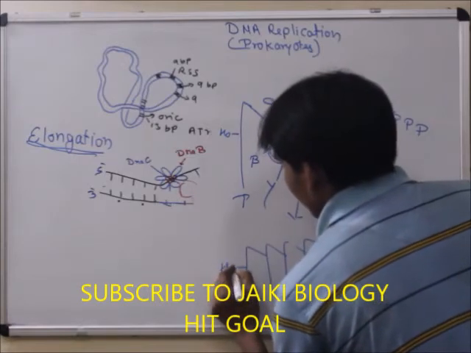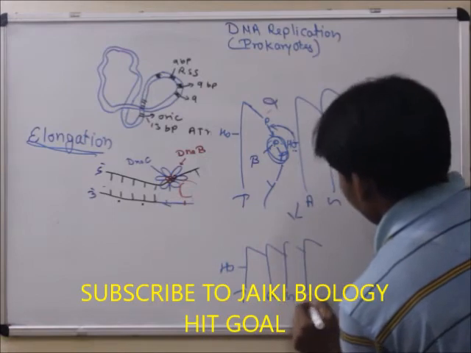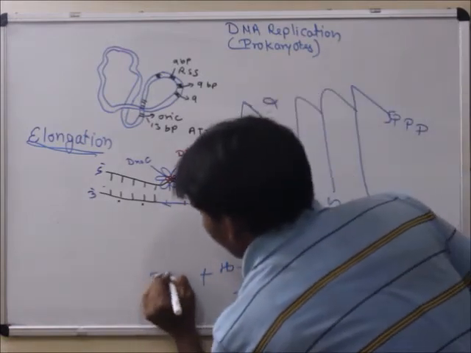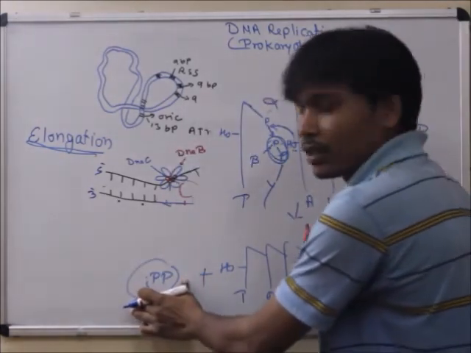This is the HO, this is the T and A, G and C. These nucleotides become attached, but pyrophosphate is released. This is the high energy phosphate.